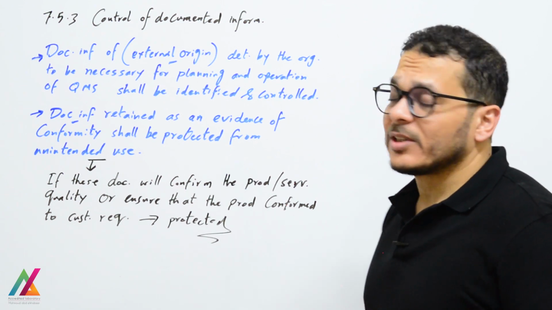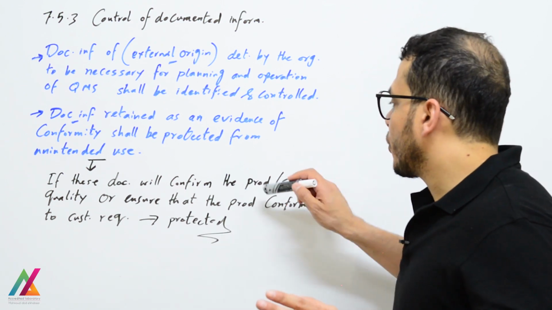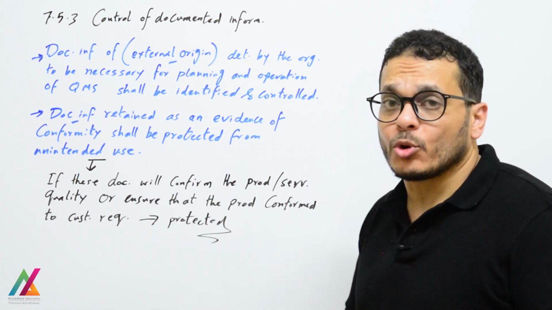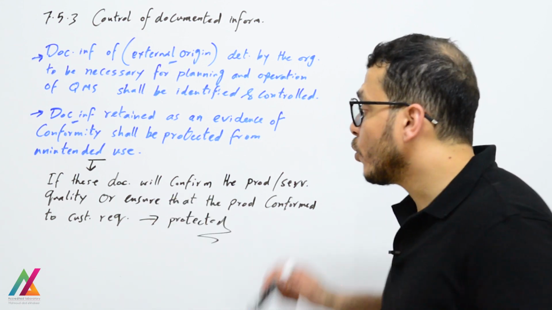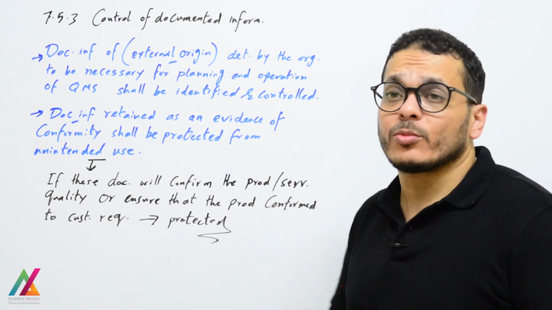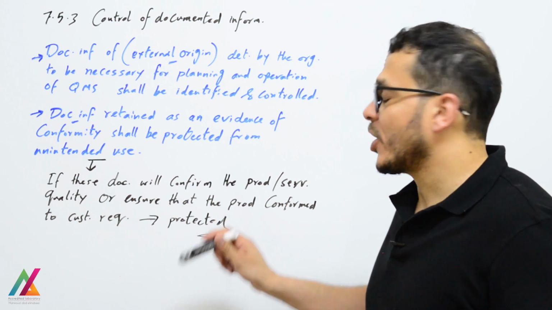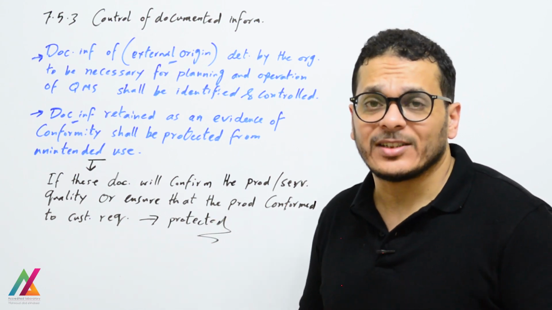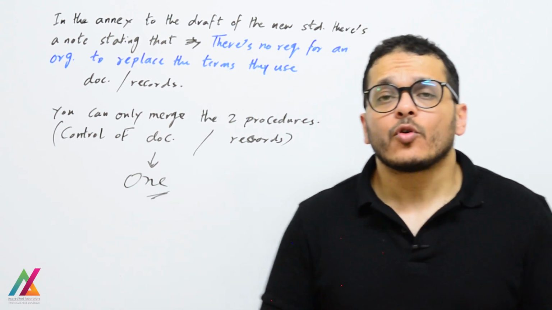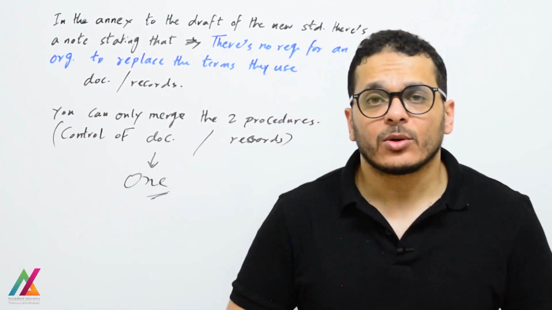If this documented information confirms the product and service quality, or ensures that the product or service provided to the customer conforms to the customer and legal requirements, it is very important and shall be protected from unintended use. To apply this clause, you can have a master list for all documented information inside the organization.